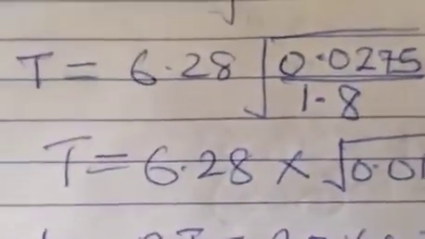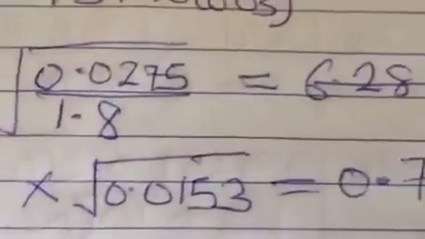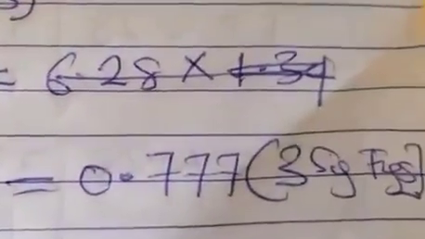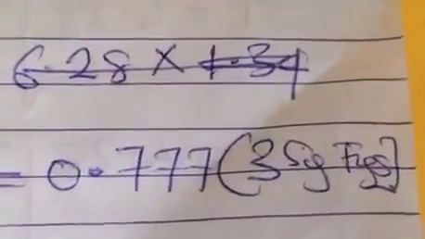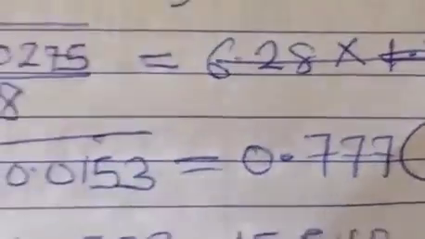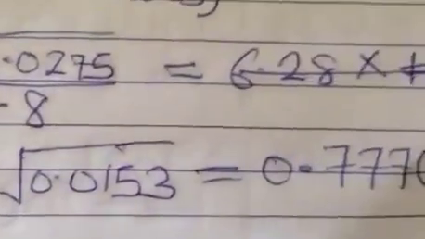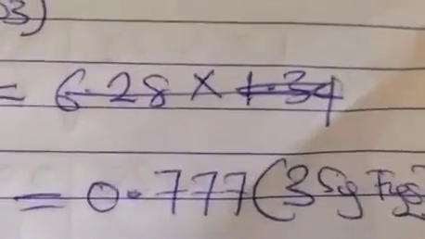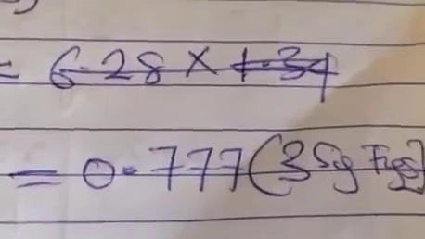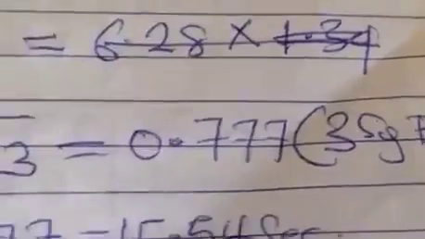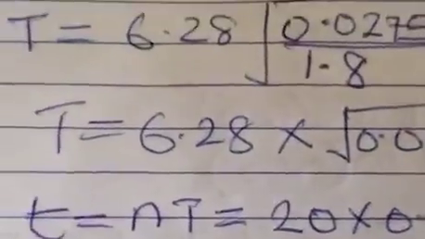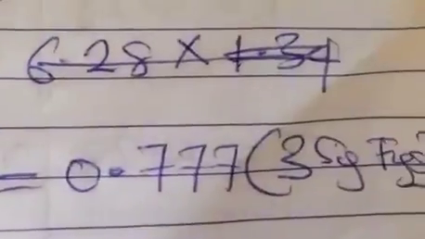Which gives us 0.777. We have to warn about this: when you are looking for your period, capital T, in all the calculations, keep your answer to 3 significant figures. Every other calculation you are doing here, keep it to 4 SF. So let's report our period.